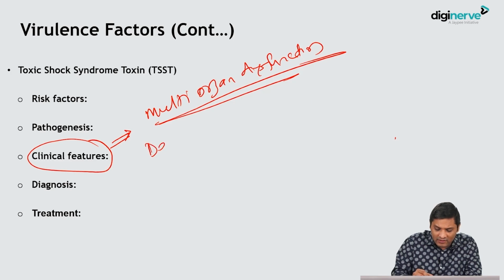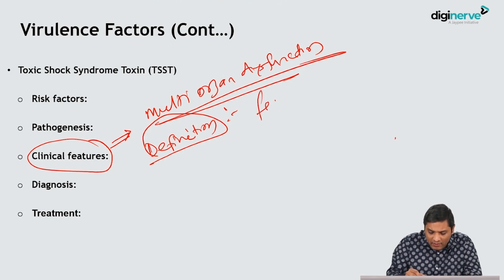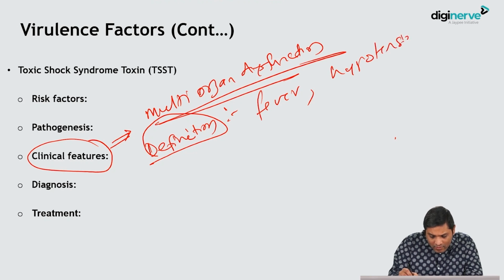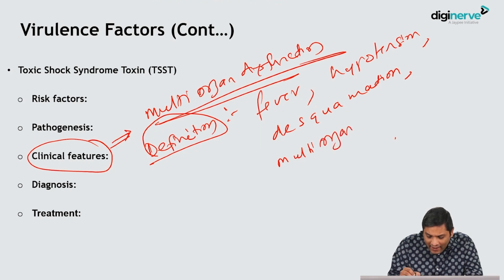The clinical definition of toxic shock syndrome is characterized by fever, hypotension, desquamation, which will be like scalded skin syndrome, and multi-organ involvement. At least 3 or more organs will be involved.